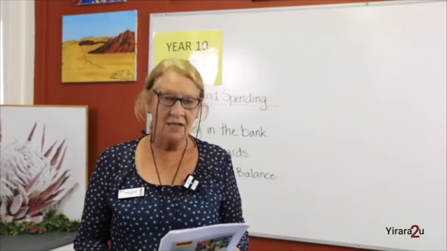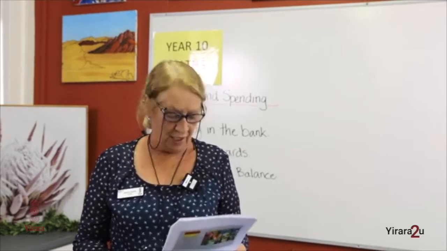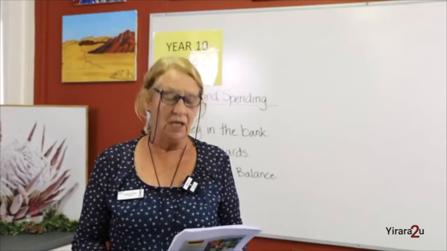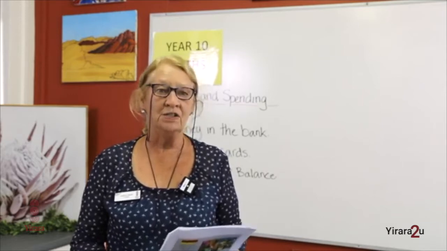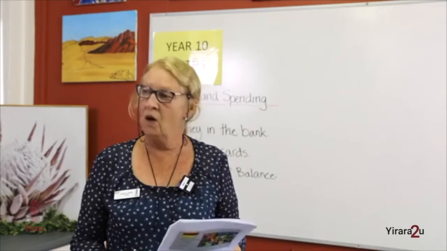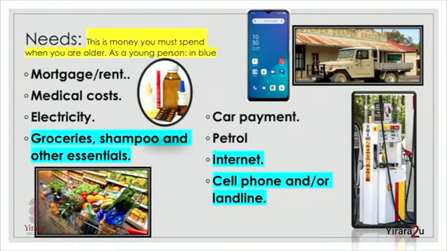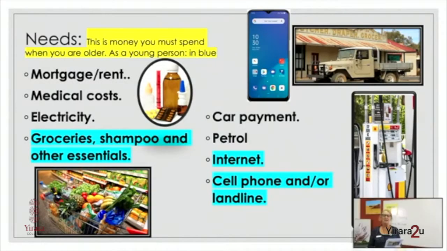But when you're younger, you probably only have to concentrate on things like groceries, shampoo, and other essentials. When you're older, you might buy a car and get money from the bank. You'll have to pay the bank back, and it'll be a car payment. Of course, petrol's really expensive. Out in community, I'm sure it's even more expensive than Alice Springs.